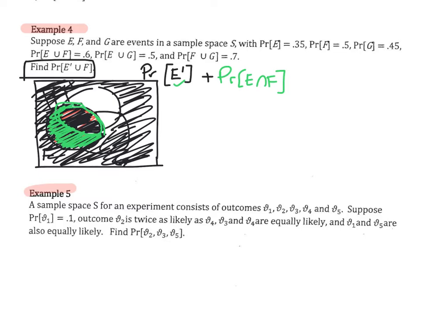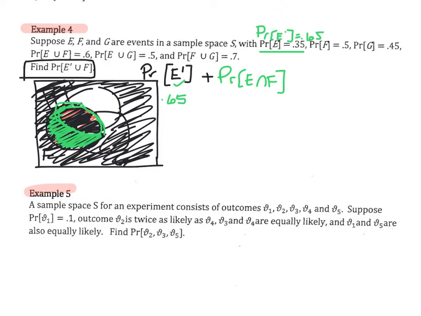We need to figure out what those probabilities are, and actually one of them we know. If you know the probability of E, then we should know the probability of not E. We just take 1 minus 0.35 and we get 0.65.